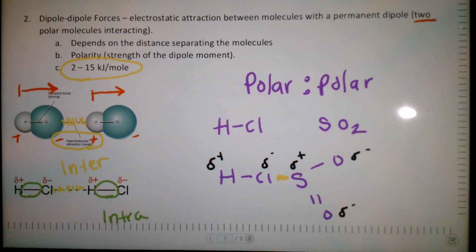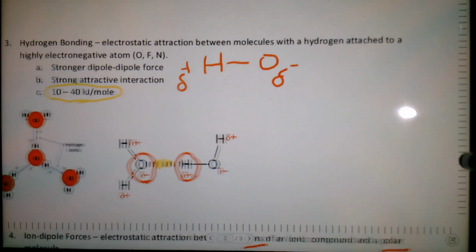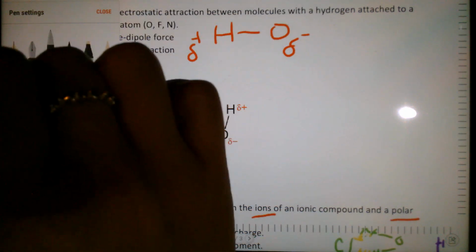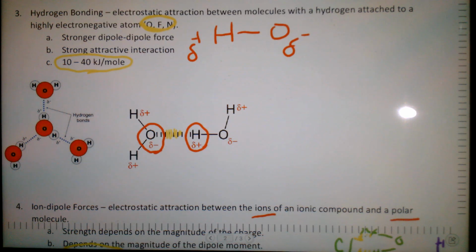Okay, so back to this page. Here again we had essentially the same thing, but this time we had oxygen, fluorine, and nitrogen involved. That's the key here. You have to have O, F, and N with each other, but everything about it is exactly the same. How it works is the same, because you have two things that are both polar.